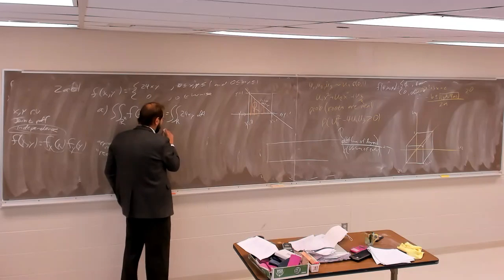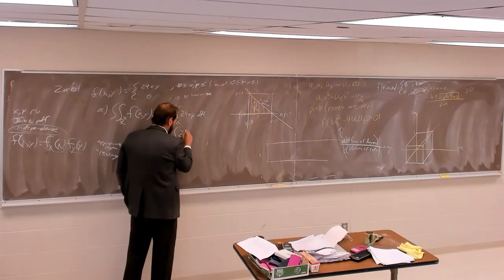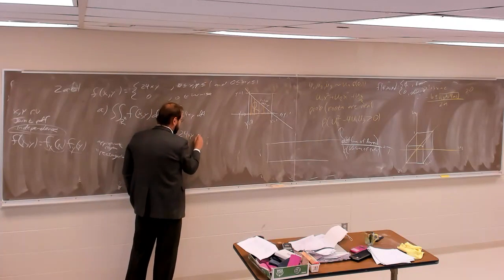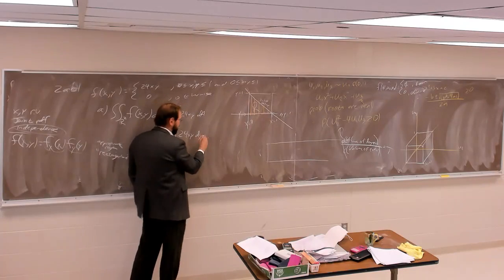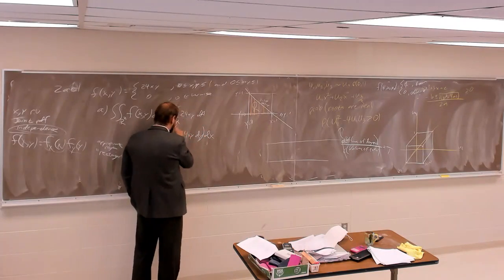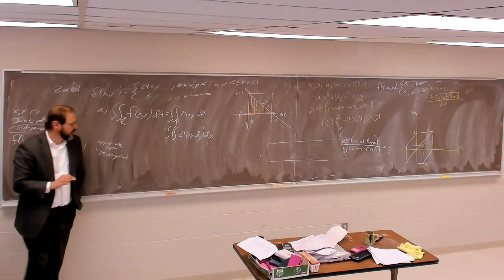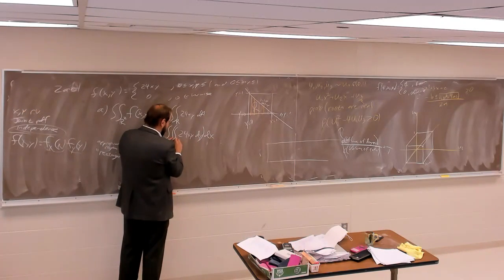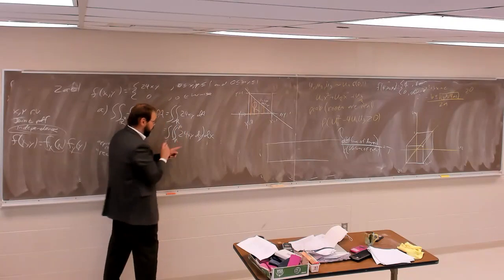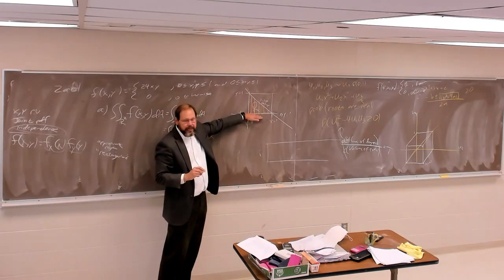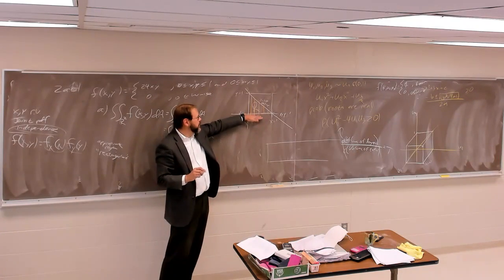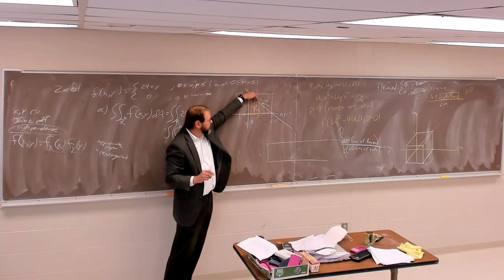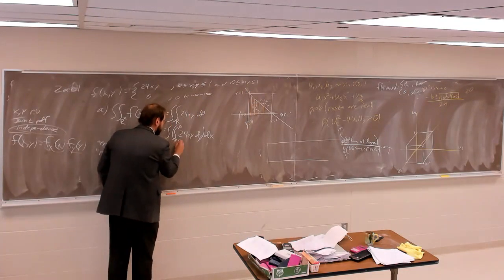So that would look like 24xy, dy first, and then dx. In the y direction, at the bottom y is equal to 0, and at the top y is equal to 1 minus x. So 0 to 1 minus x.